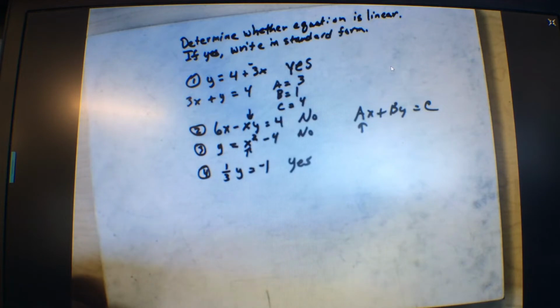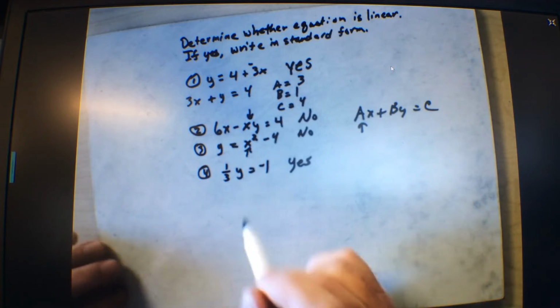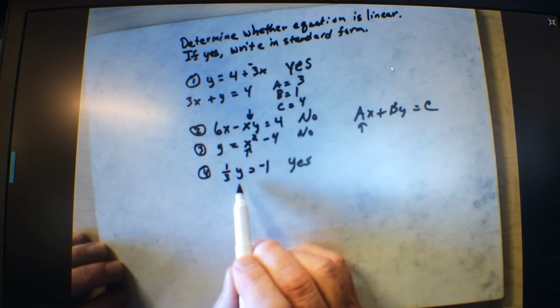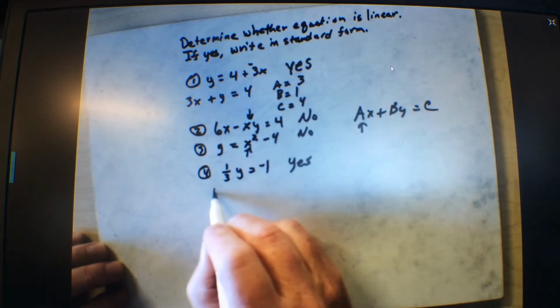Yes. All right. So, listen very carefully: if we do not have an x or a y, and we just have one or the other, these are the two evil twins. They cause us problems. They are a horizontal line and a vertical line. They are the twin brats, a pain in the rear. How do we deal with them? Well, we solve for whatever variable is there, which is y.